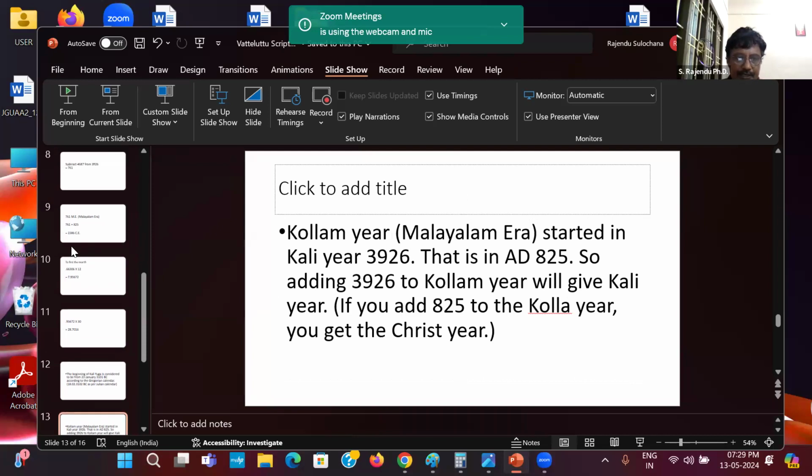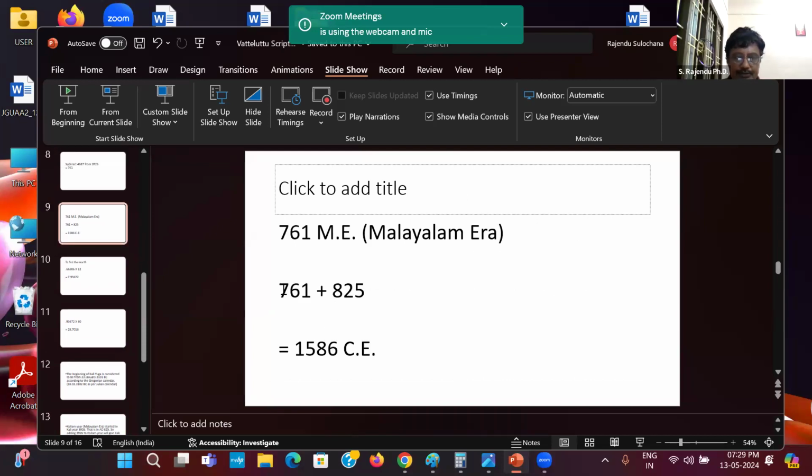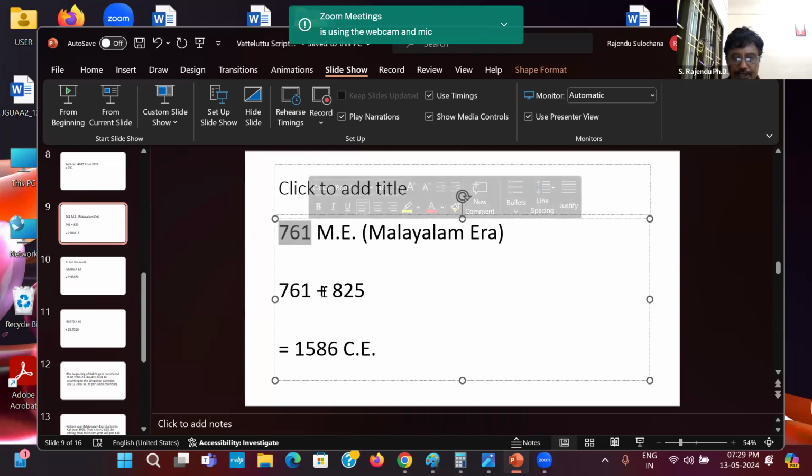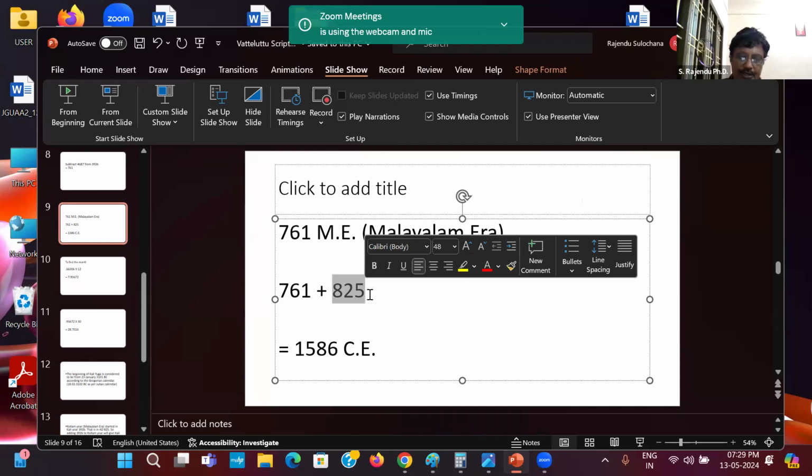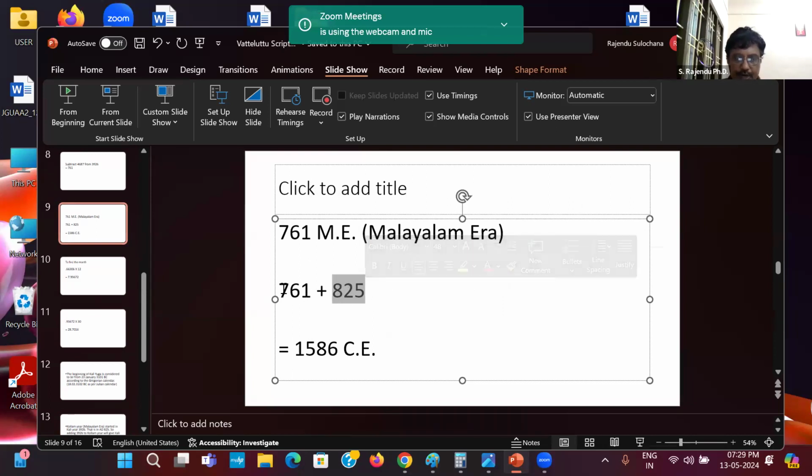Therefore, you are adding 825 here. If you get 761, then it is believed that the Malayalam era, the Kollam era, started in AD 825. Therefore, you are adding 761 plus 825 is equal to 1586 common era, or I'm not doing AD or whatever it may be.